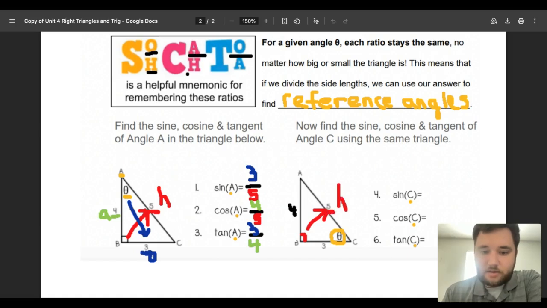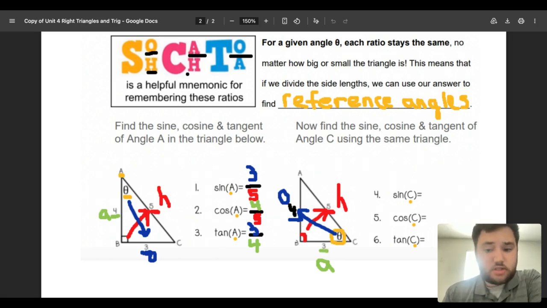Look, there's the hypotenuse. Now my opposite side is going to be 4 because we switched our reference angle. And now my adjacent side is going to be 3.